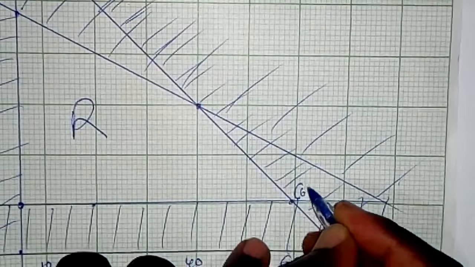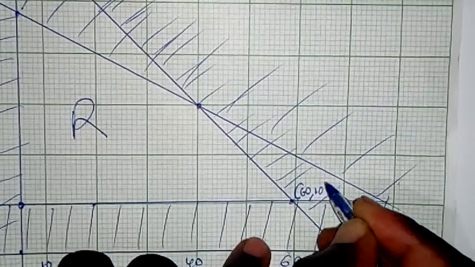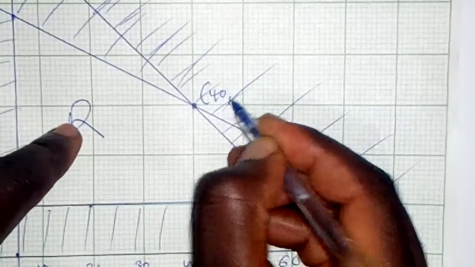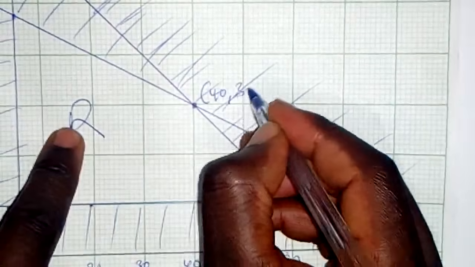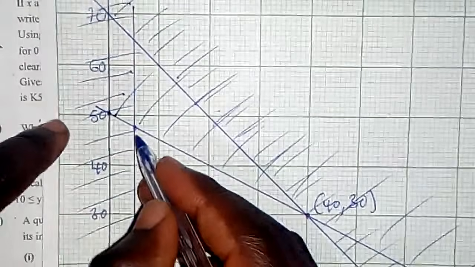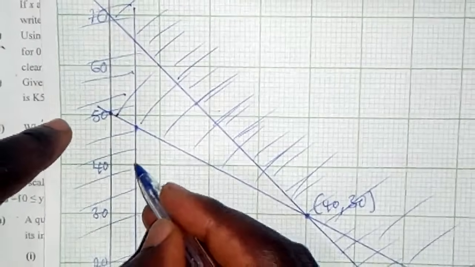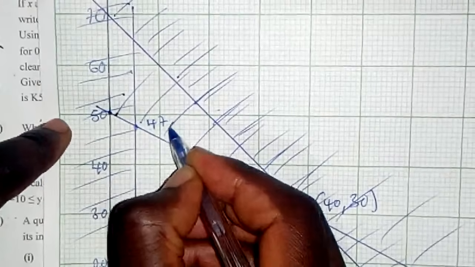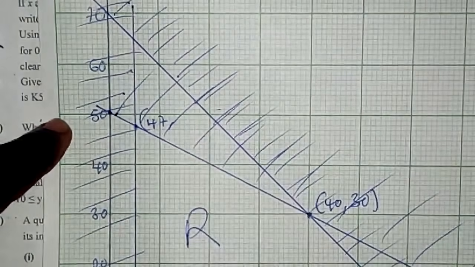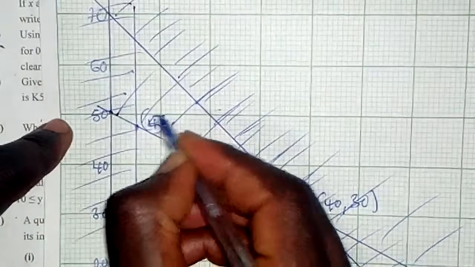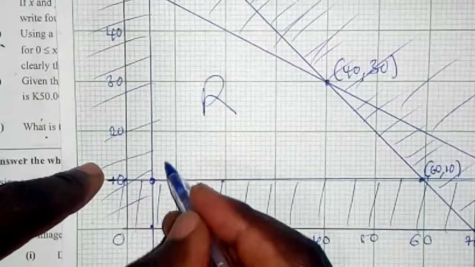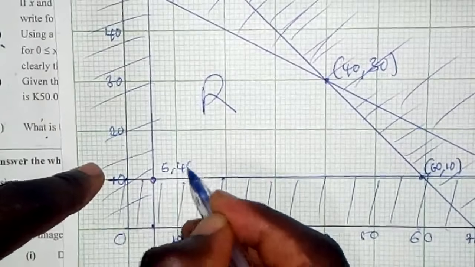There is 60, 10. Here there is 40, 30. Here we have 5, 47. Here we have 5, 40.